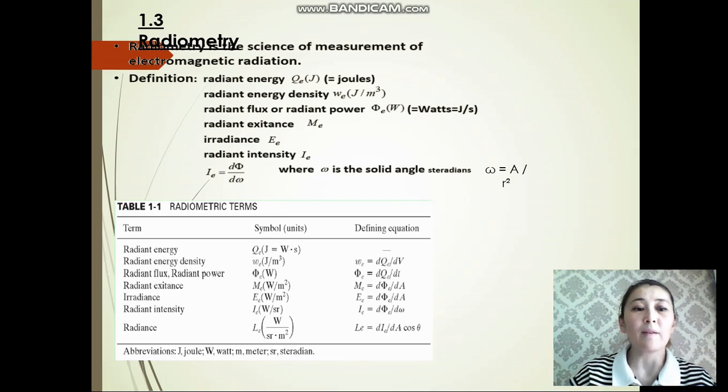The radiometric terms are radiant energy density, radiant flux, radiant power, radiant excitance, irradiance, radiant intensity, and radiance. The given abbreviations can be used in the formulas and in your solutions when solving problems.